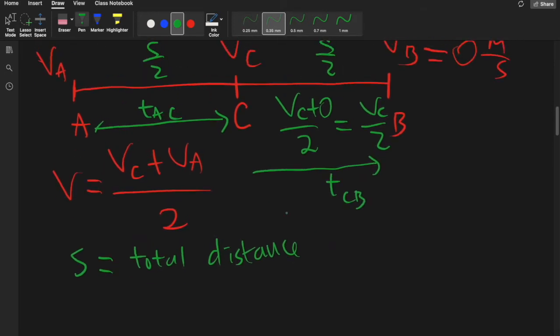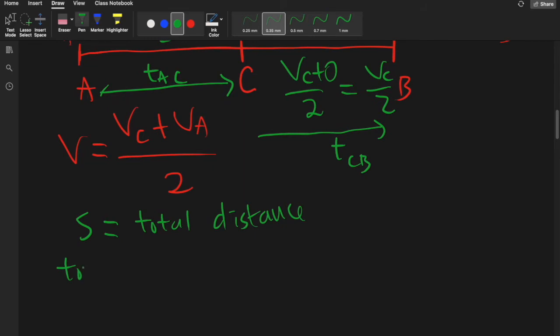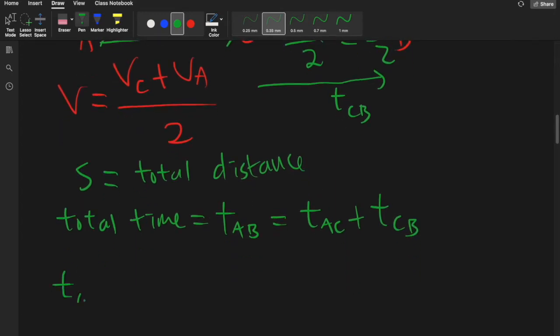So the total time TAB is equal to TAC plus TCB, right? TAC will be equal to s over 2 divided by v, and TCB will be equal to s over 2 divided by VC over 2, right?